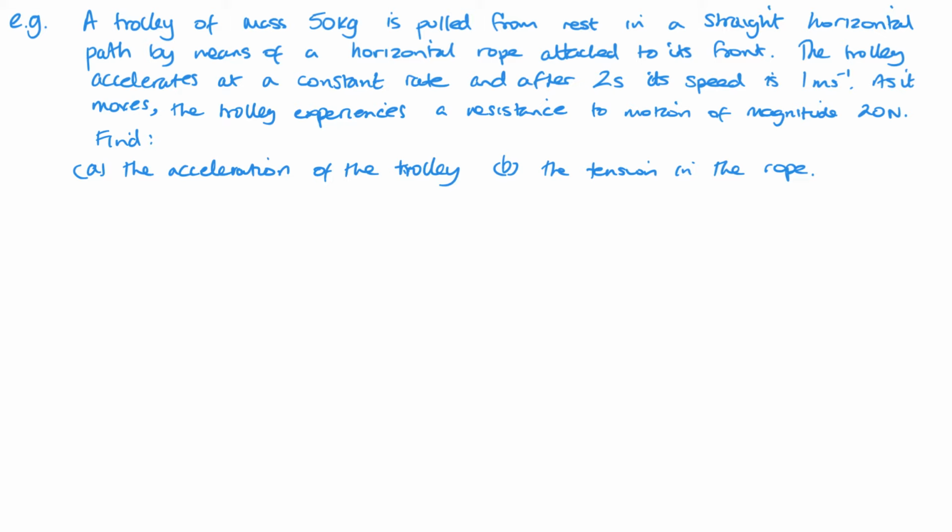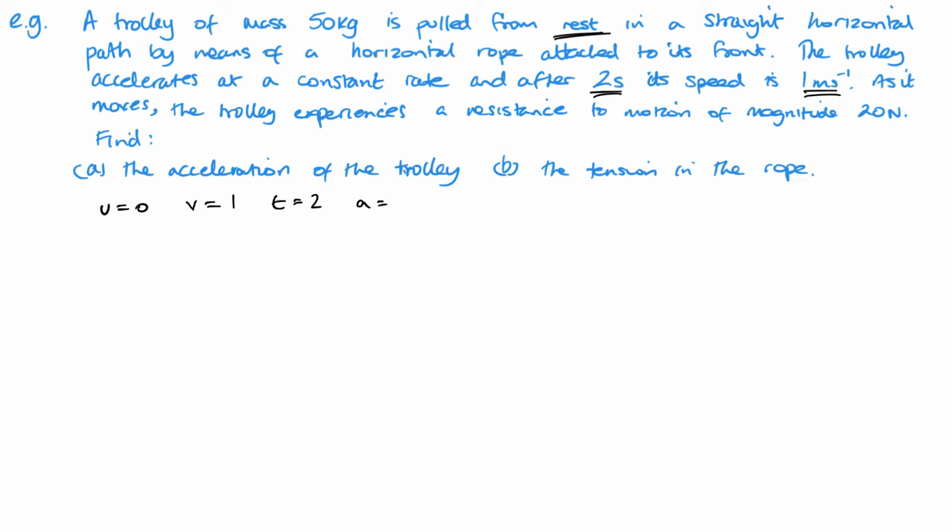So in this example, we have just a straight horizontal motion, which makes it nice and straightforward. We can see it accelerates at a constant rate. So it is starting from rest, so u equals 0. We get up to a speed of 1 meter per second after a time t equals 2.